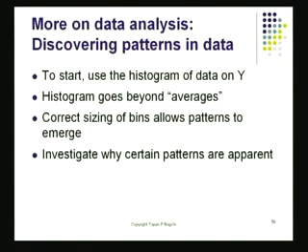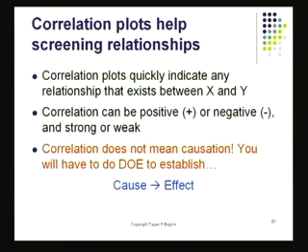Now we slowly move toward data analysis. Basically what we'd like to do is see some patterns in the data. One way to do that, if you've got multiple variables, is to look at some correlations and see whether we can at least speculate about some cause and effect. This will be verified by DOE, but when I make the correlation plots, do I get a positive relationship, or do I see a falling, negative relationship?